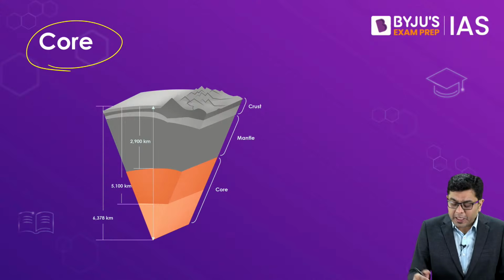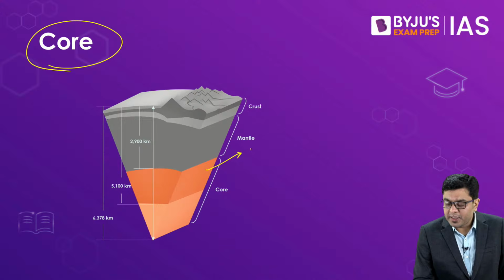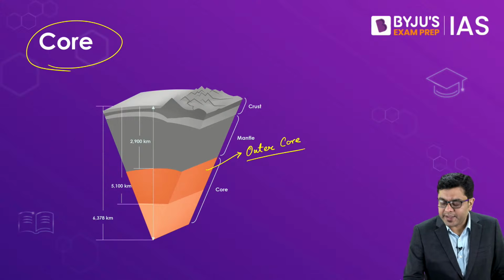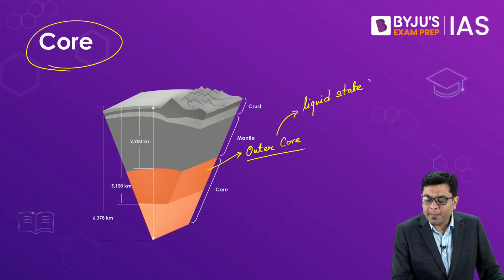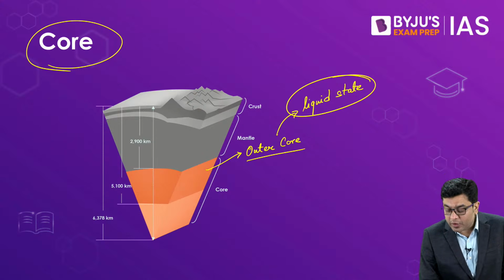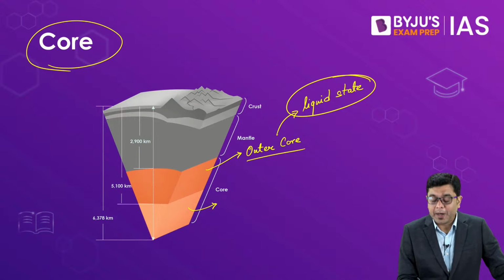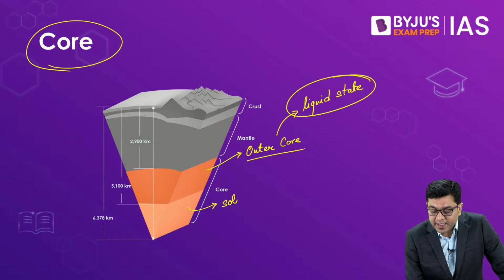The outer core, because of very high temperature, is in a liquid state. It is in a molten state. Whereas the inner core, despite the high amount of temperature, is still in a solid state.